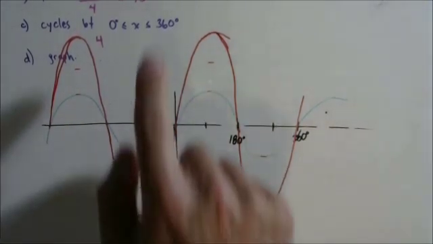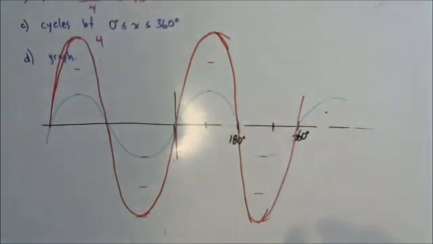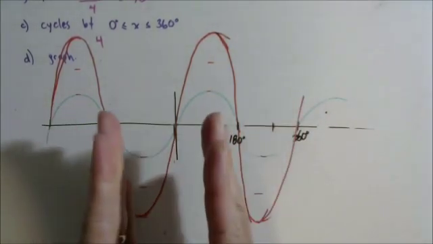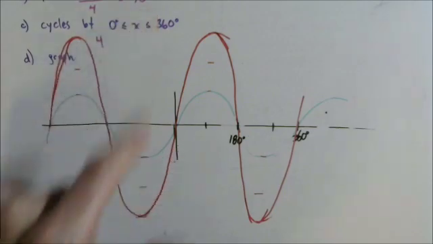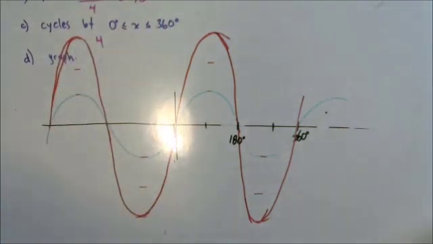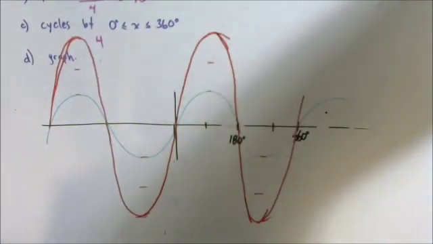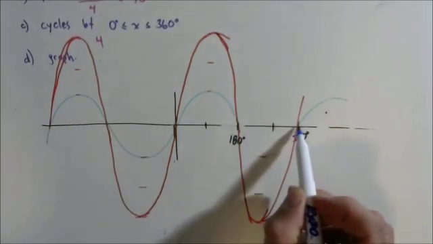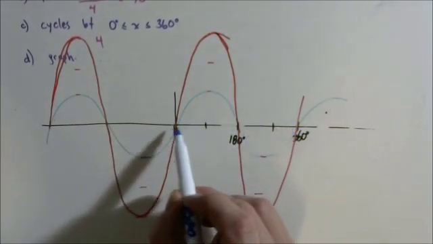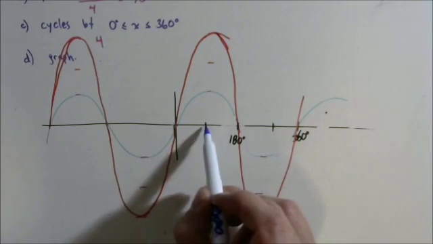Now we're going to apply the K of 4. What that does is a horizontal compression by a factor of 1/4. So our period length now is going to be 90 degrees. And look at how we're affected here. Instead of completing one period length by 360 degrees, we're going to be completing one period length by 90 degrees.